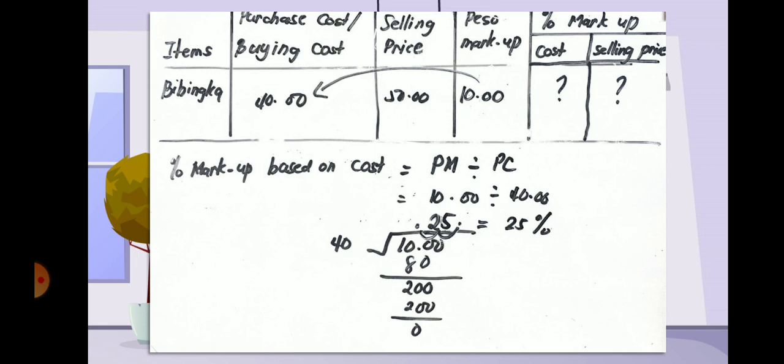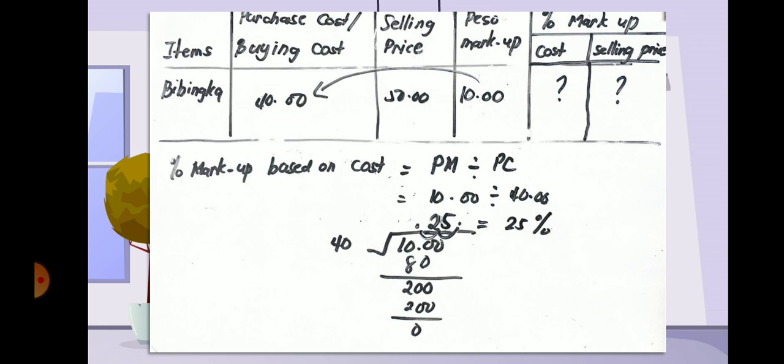Then you bring down 0. It's 200. 200 divided by 40 is 5. 5 times 40 is 200. 200 minus 200 is 0. Okay, you have 0.25.